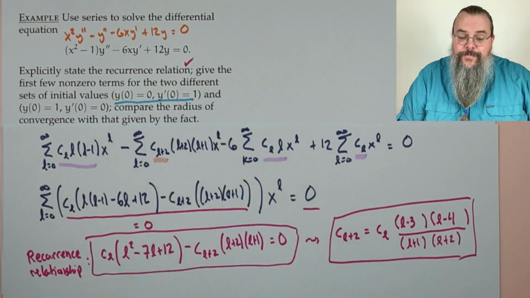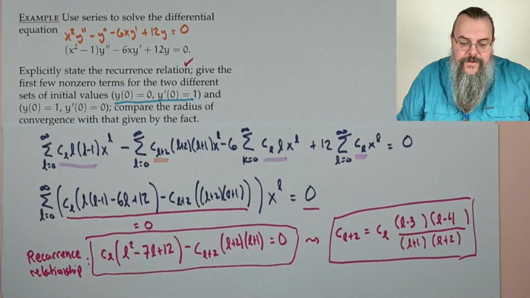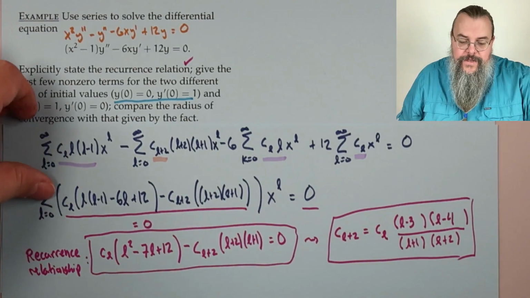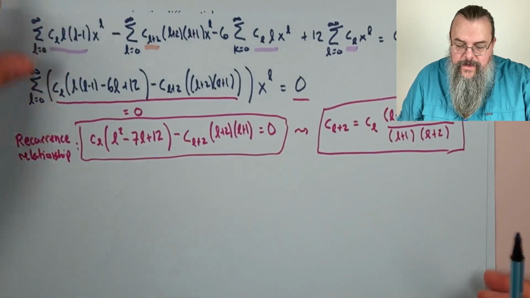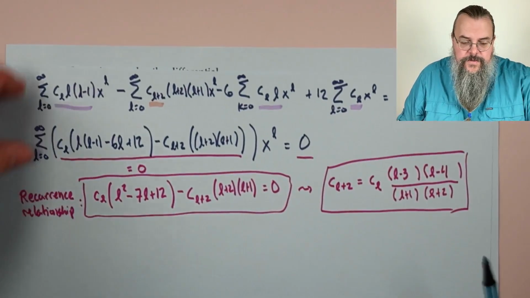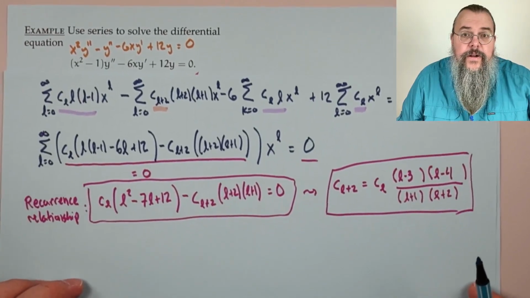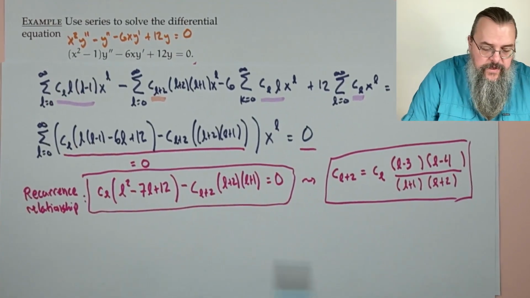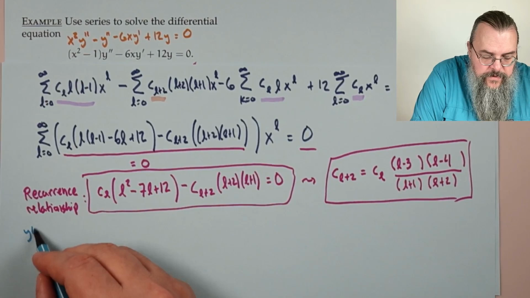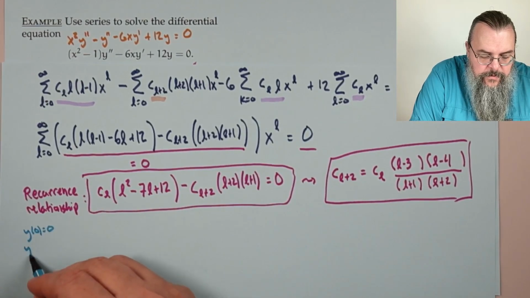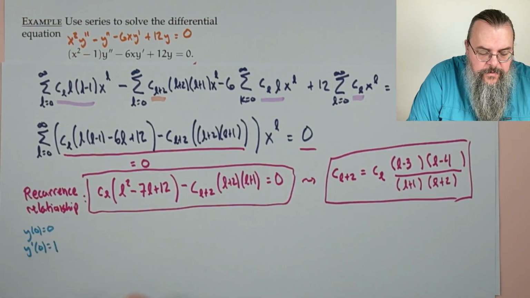So let's start here. All right, y of 0 equals 0, y prime of 0 equals 1.